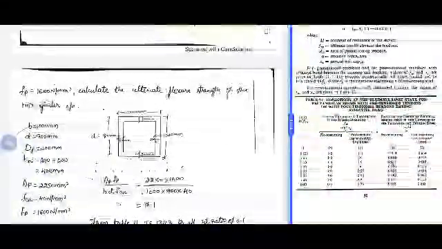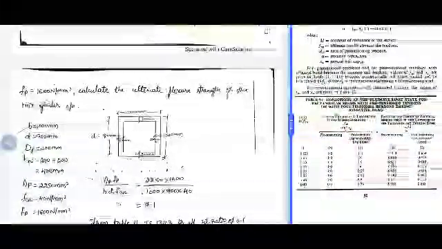You are having two webs, so you need to consider the total web width, the summation of both web thicknesses, that is 200 plus 200, that is 400 mm. Then area of steel 2250, FCK, FP. So first step, again the same, effective reinforcement ratio it is 0.1, you got the exact value.